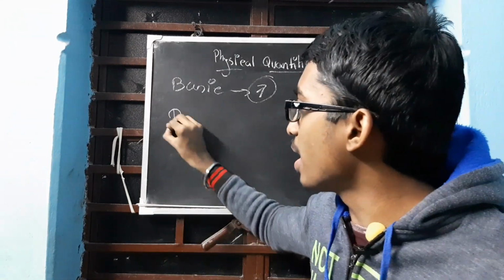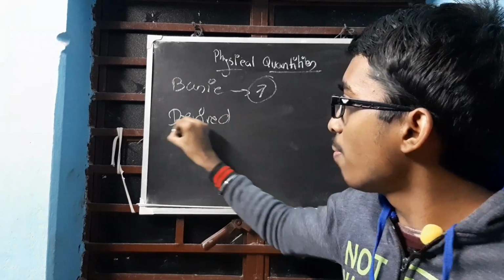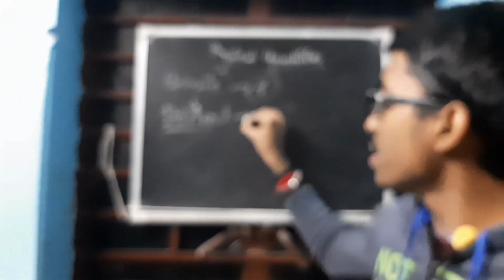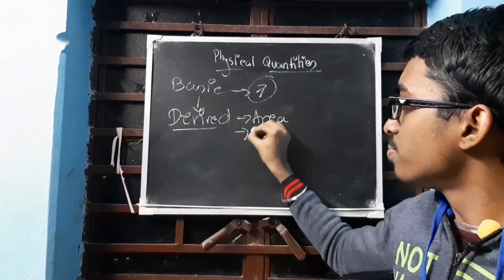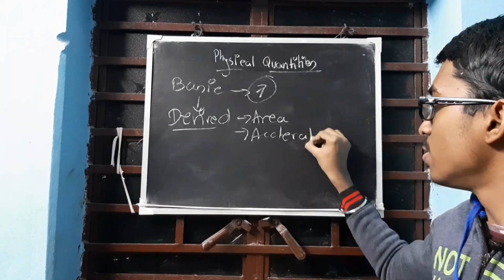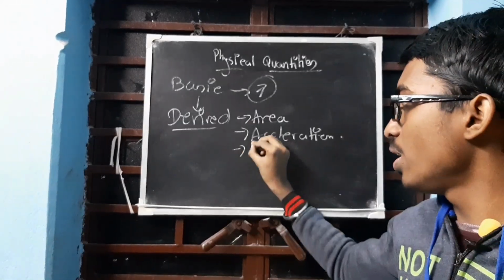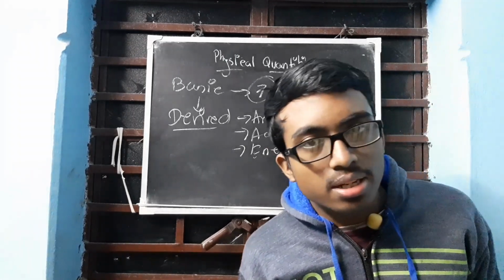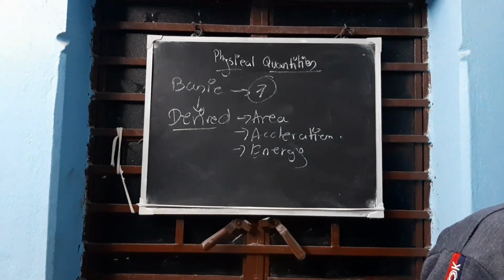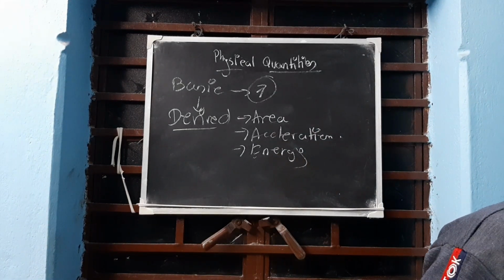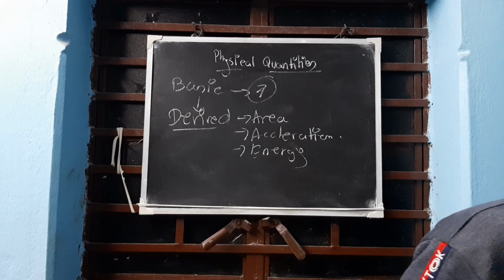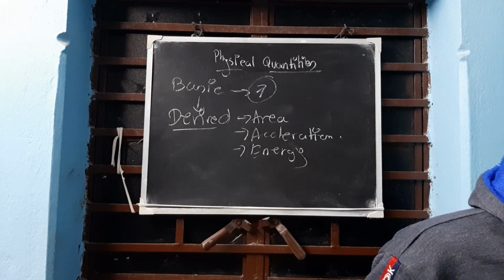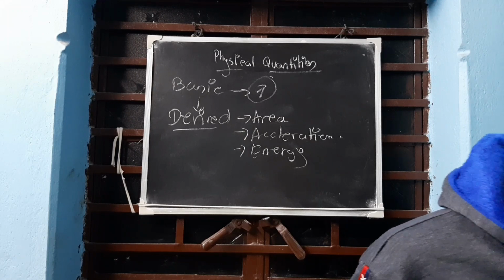Then you have derived quantities. Derived means you are deriving them from the basic ones. You have many, I am just naming a few: area, acceleration, energy, volume, velocity, density, force, pressure, plane angle, solid angle, frequency, power, electric charge, electric potential.